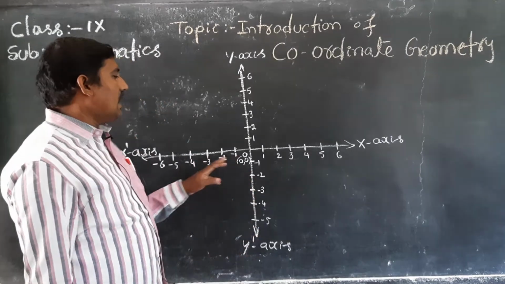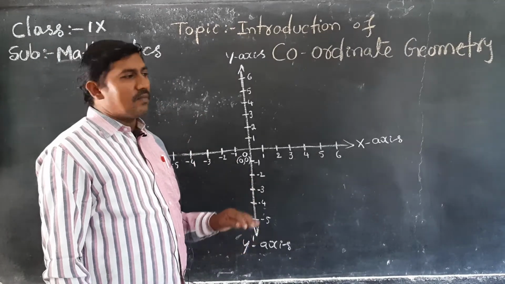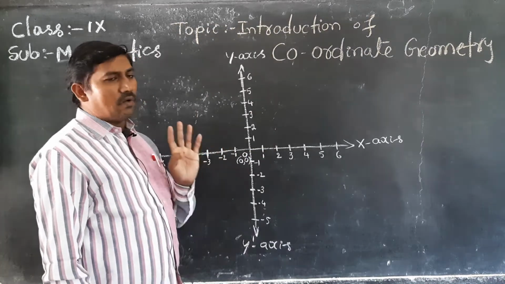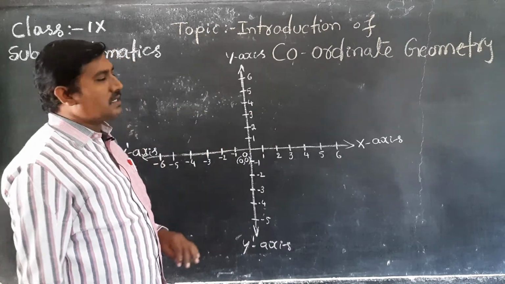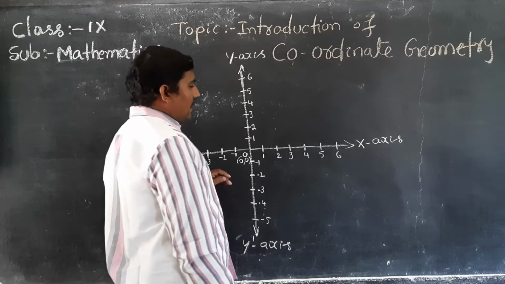Overall, the x-axis and y-axis divide the total plane into 4 parts, and those 4 parts we call quadrants.